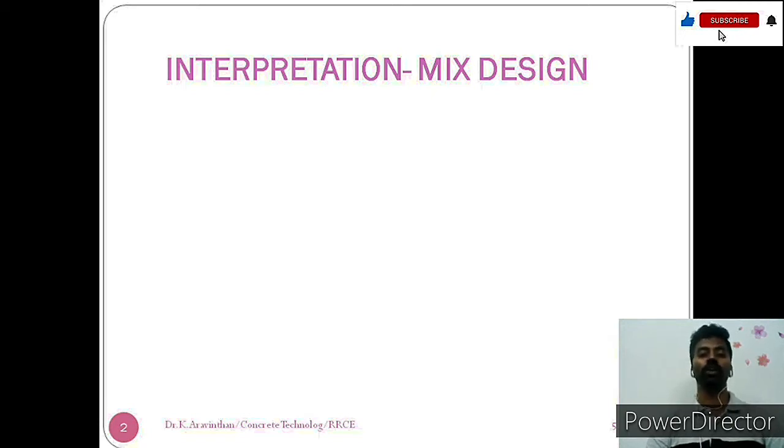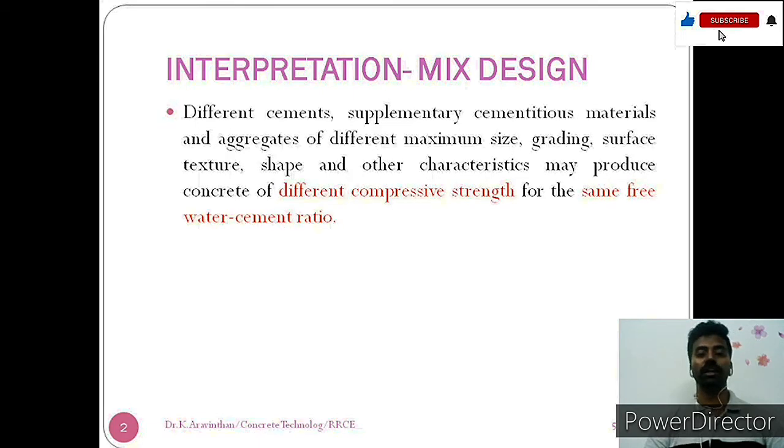Before going into the topic, let me highlight certain things which should be known regarding the mix design. Right now we are going to design an M40 grade concrete. If we are designing a mix, there are different variables to consider before the mix design.